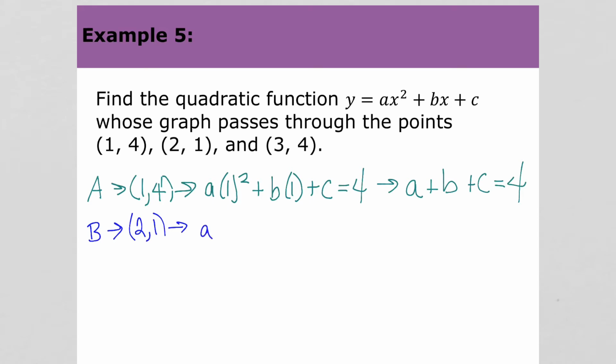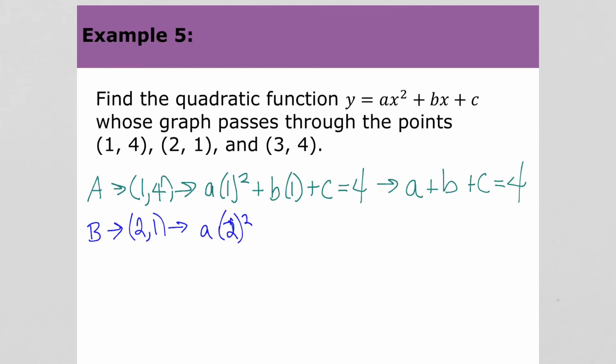Same thing for the point 2, 1. So we have a times 2 squared plus b times x, which is 2, plus c equals y, which was 1. So 2 squared is 4, so we've got 4a plus 2b plus c equals 1.